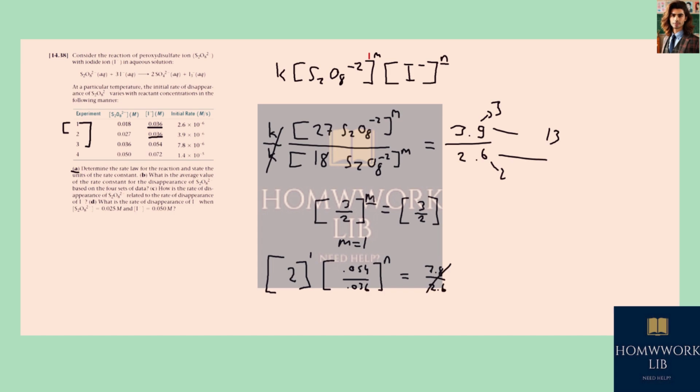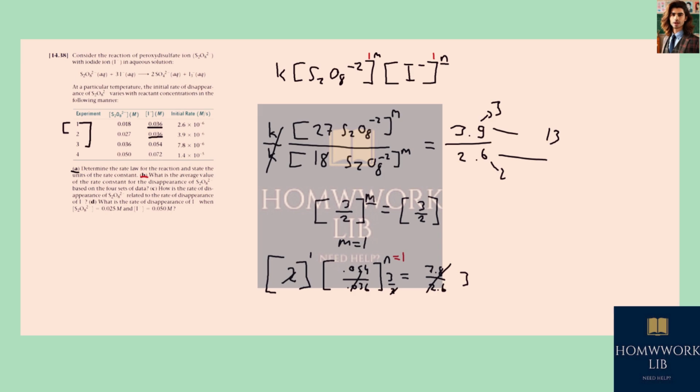Now this is going to cancel to 3, and this is going to cancel to 3 over 2. There's a 2 over here, they're going to cancel, and n is going to be equal to 1, 2.